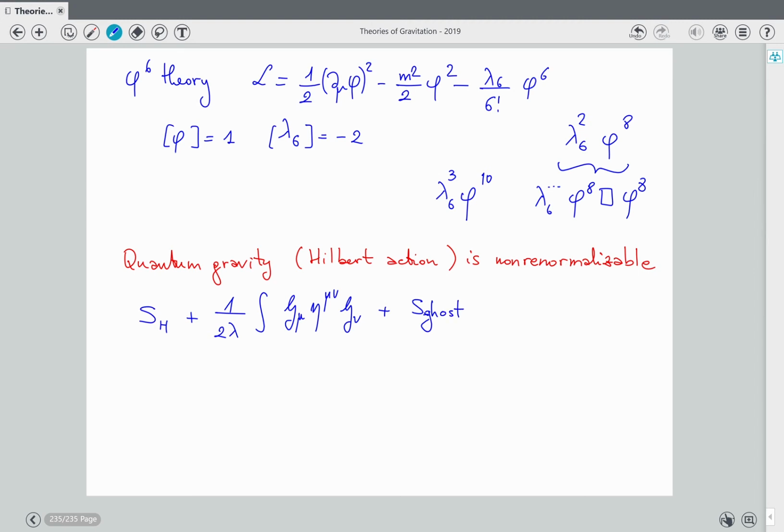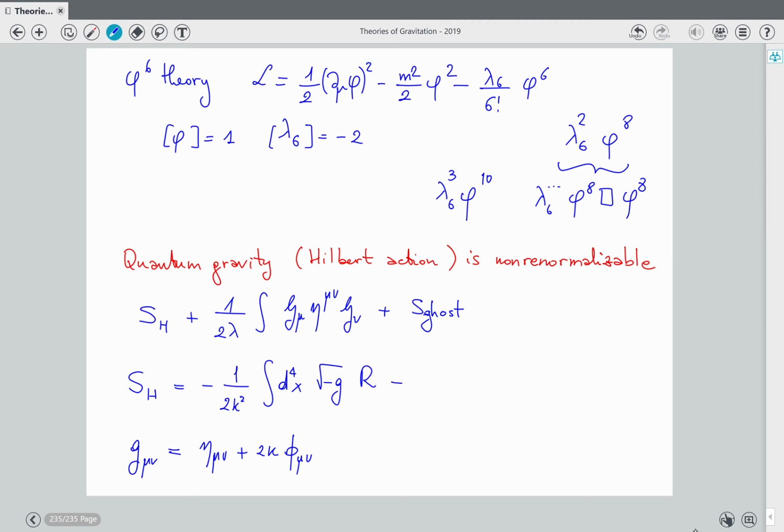The ghost vertices are simple, so let's focus on the Hilbert part. And this we can expand around flat space, plus 2k phi mu nu. Phi mu nu is the fluctuation.